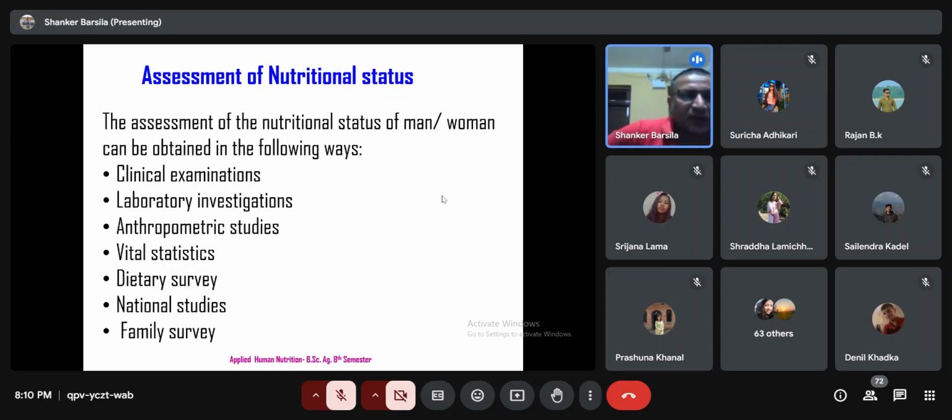Some people can gauge the data from vital statistics, dietary surveys, and some other studies, where we say the national studies and the family survey. So they are the assessment tools used by many investigators to assess the nutritional status of men, children, women, and so on.